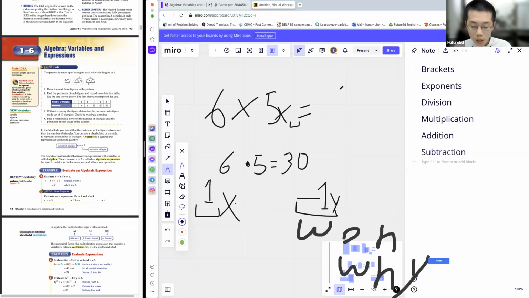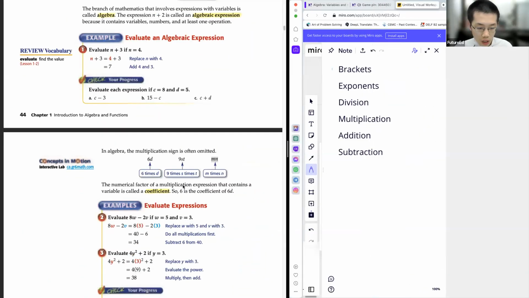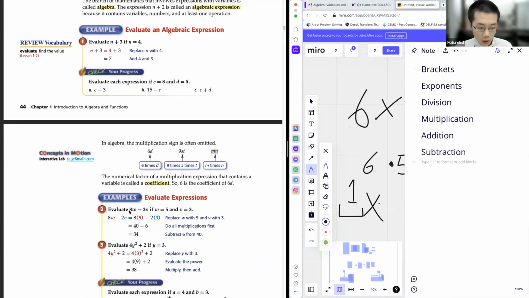So let's say, Jason, would you like to try this example: what is the coefficient of 8W? 8 times W. So the coefficient, remember, you want to look for the number within this expression, right?